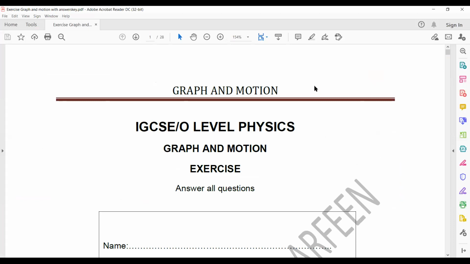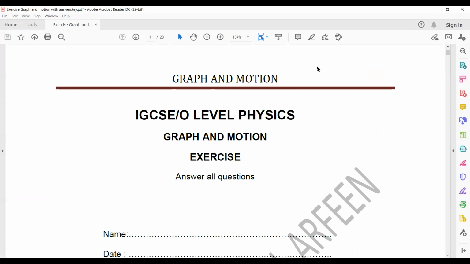Okay, so this is another file related to graphs and motion, and the answers are also given.